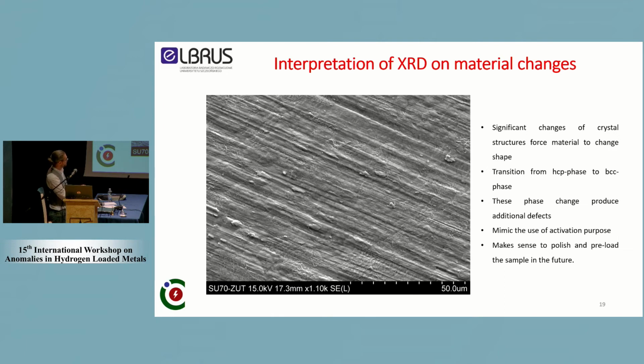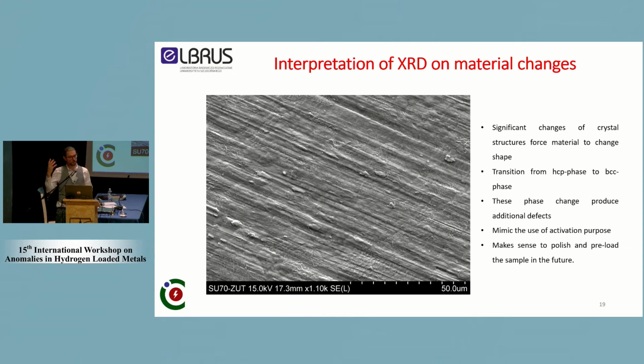There should not be any skin effect or modification of the stripes induced by the lamination. We have these features that appeared on the surface, and this is typical of local phase change, especially in the case of zirconium, because of the particularity of zirconium phase change transformation as the hydride forms.